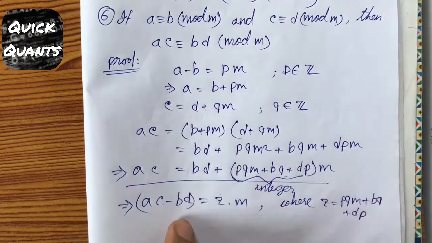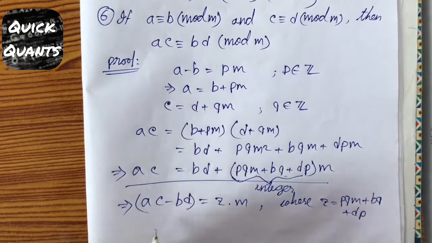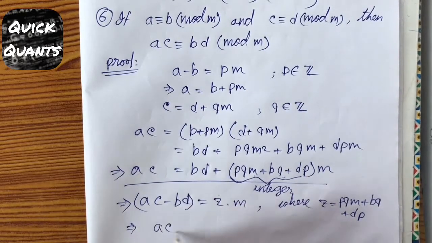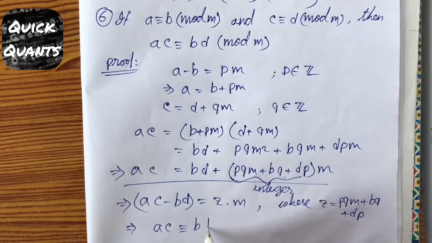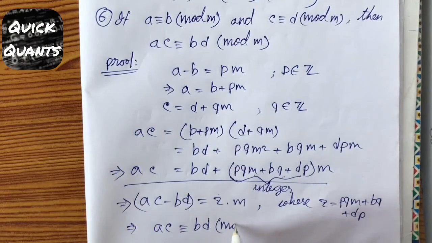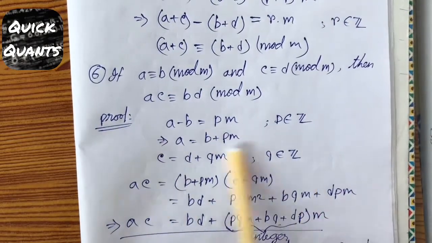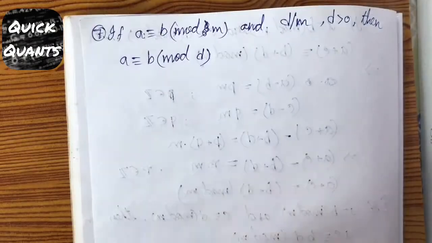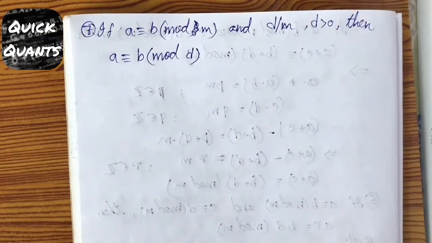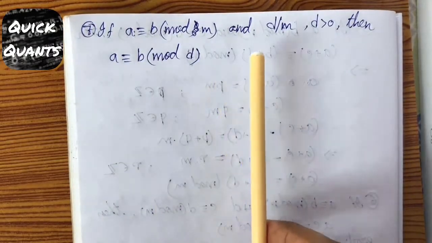Now, by the definition of congruence modulo, we can say that AC is congruent to BD mod M, which is the proof.